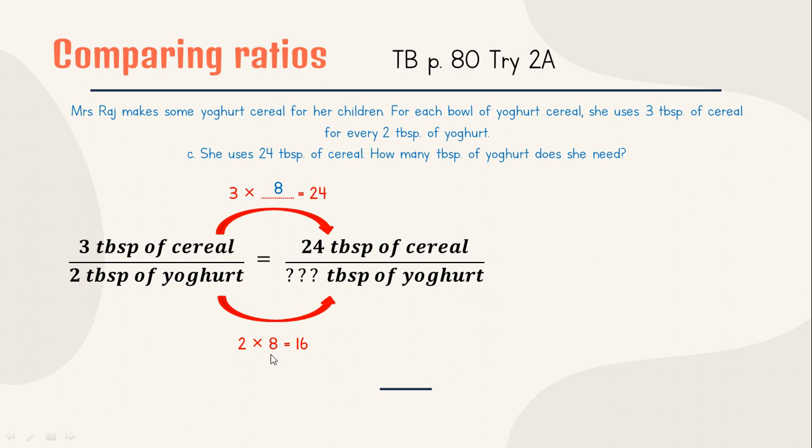Whenever you compare ratios, make sure that you divide or multiply with the same number. Okay? So 2 tablespoons of yogurt times 8 equals 16. So she needs 16 tablespoons of yogurt if she used 24 tablespoons of cereal. Okay?